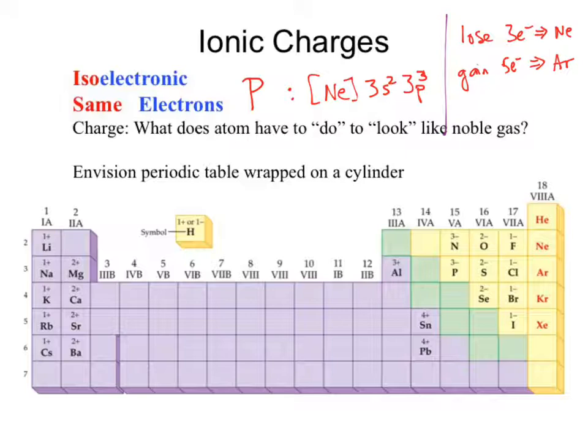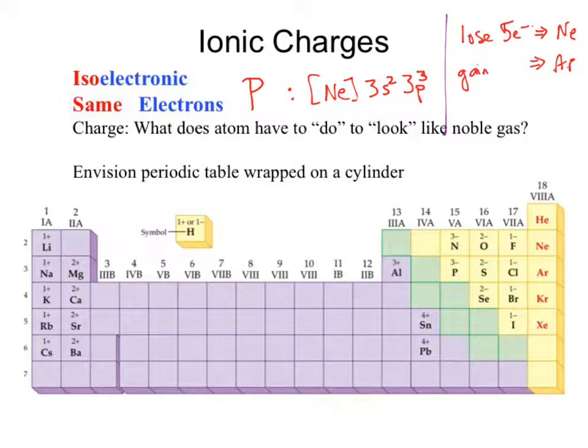What does that then mean? We look again at our valences. We're looking at either neon or argon again. What does phosphorus have to do to look like neon? It has to lose 5 electrons.